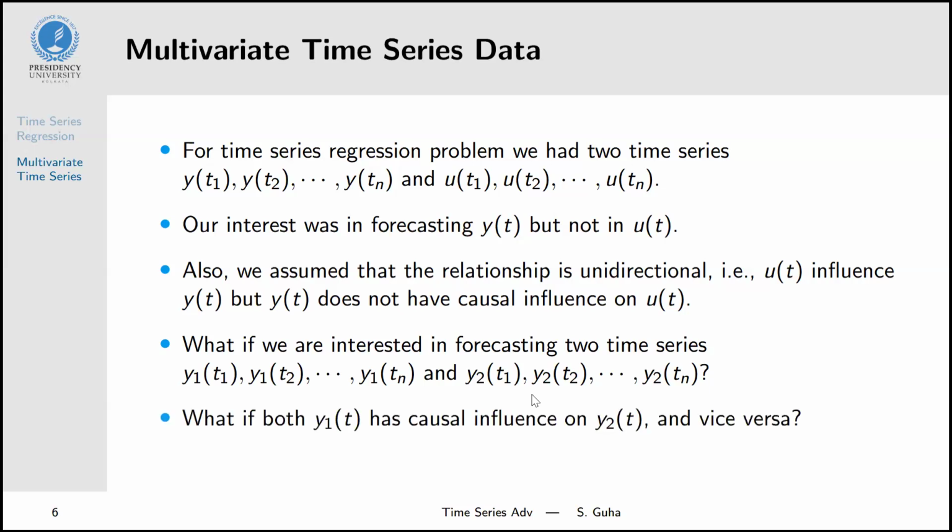And also we ask a question: what if both y1t has an influence on y2t? That means y1 is a partial cause and y2 is a partial effect. Similarly, y2 is also a partial cause and y1 is also a partial effect. So there is a bidirectional relationship between y1 and y2.